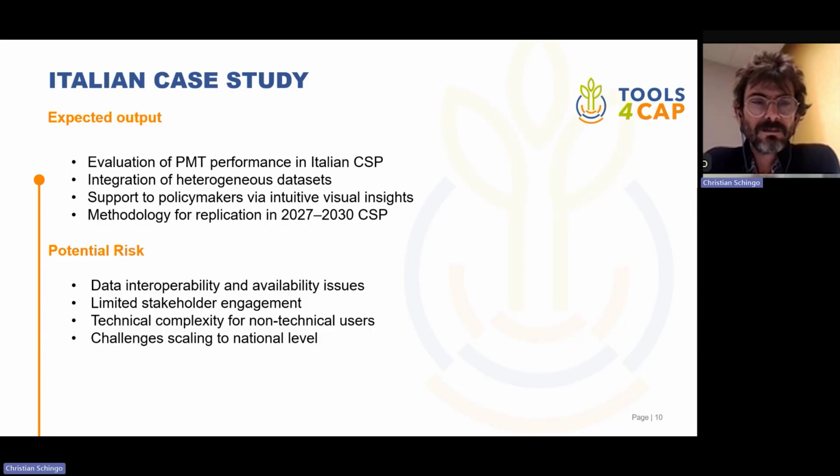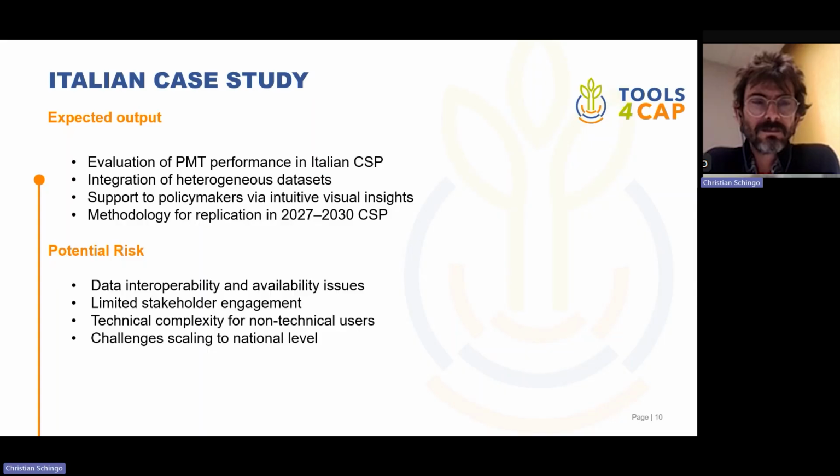The risk that we envisage on this Italian case study was that the data interoperability and availability could be an issue, and we experienced it ourselves during the Italian use case because we didn't find this data interoperability. So we went just through a showcase of what this instrument can support.